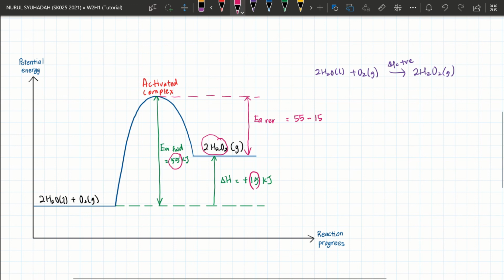Here, the reverse activation energy will be 40 kilojoules. You will meet this energy profile diagram again when we look at chapter 2. But for this chapter, this is a very simple calculation and a simple question that uses the energy profile diagram.